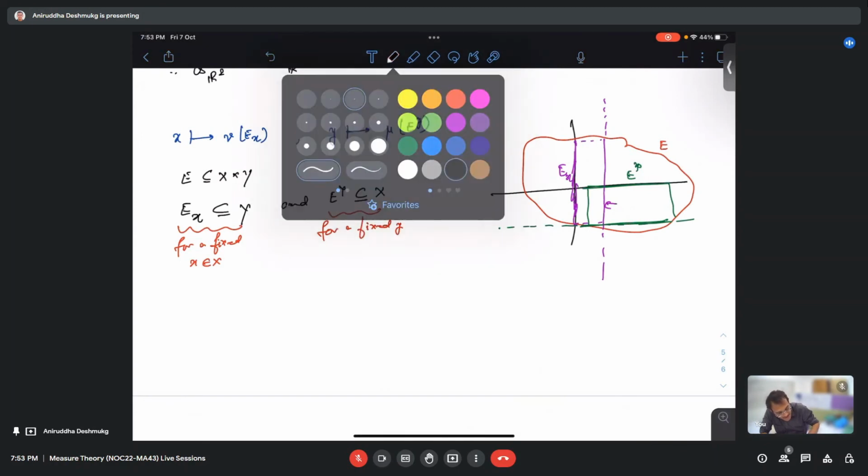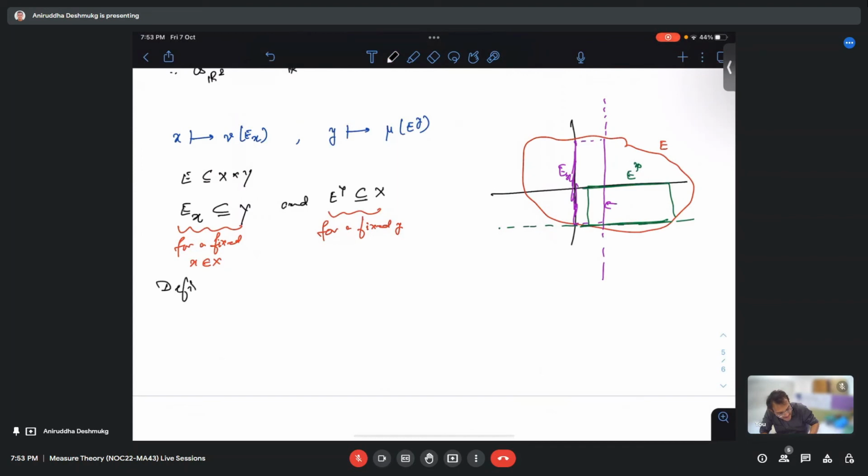So let us define a function, say phi, from X to R. At any point x, let us measure E_x. This is going to be a function, right?